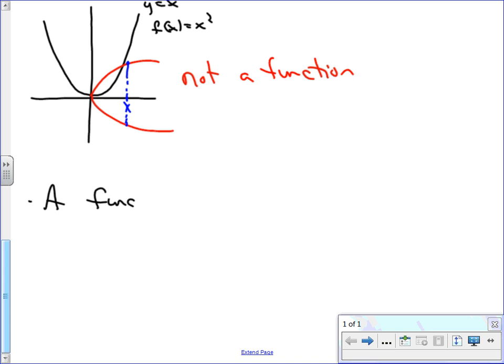You need to recognize that in order for a function to possess an inverse function, it has to be one-to-one.